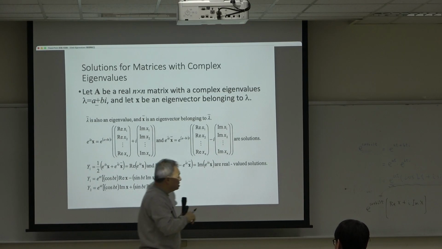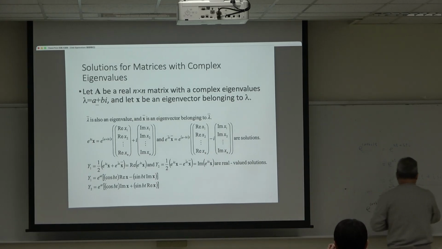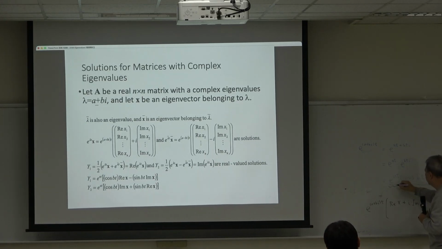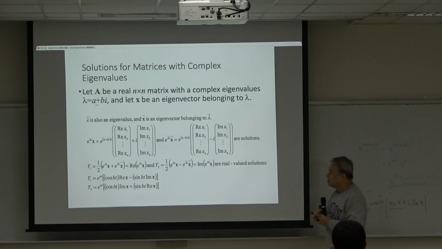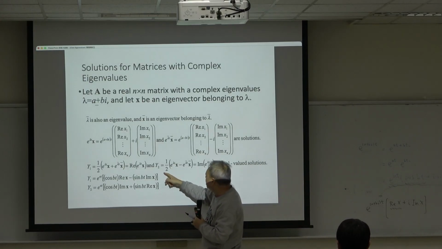It is e to the power of at times cosine bt times the real part of x, and also e to the power of at times sine bt times the imaginary part of x. Of course, you have two i's, so it becomes a negation.